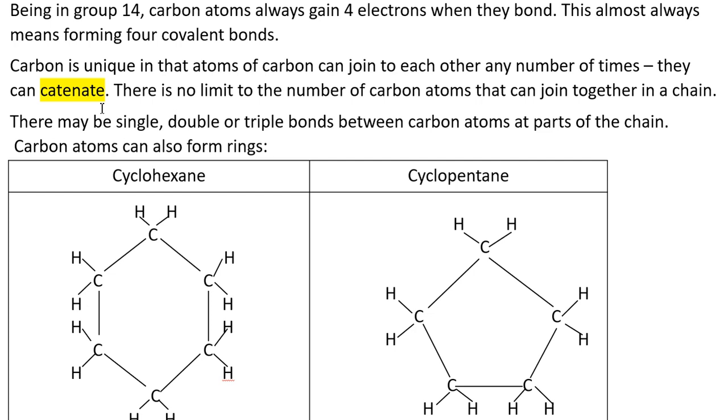Catenation simply means identical atoms bonding covalently to each other any number of times. There's no limit to the number of carbon atoms that can join together in a chain. There may be single, double, or triple bonds between the carbon atoms at parts of the chain, on top of which carbon atoms can also form rings.